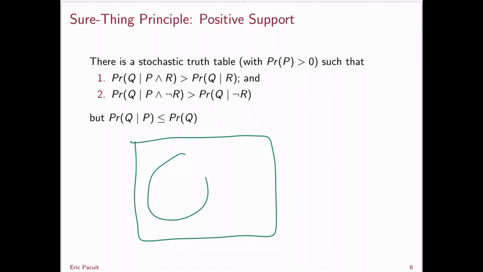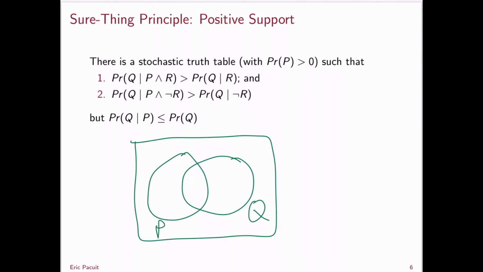So here we have the P region, and here we have the Q region. And suppose that we're wondering, does P raise the probability of Q? So we want to perform an experiment. We want to somehow determine, is P positively relevant to Q? Does it actually raise the probability of Q?